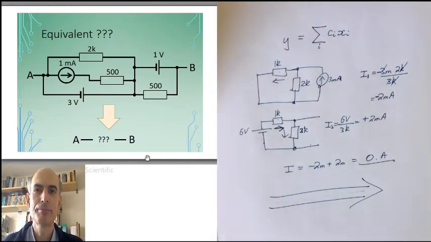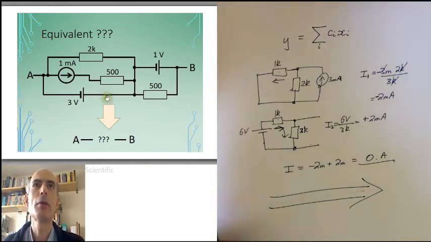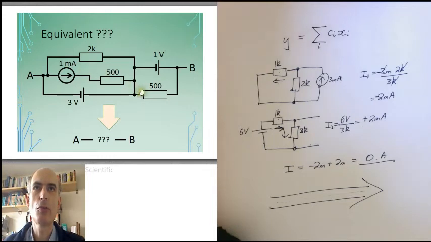what about this? Supposing that between A and B we don't just have resistors, but we have resistors, current sources, and voltage sources. Now what? Can we produce an equivalent to this, so that anything connected between A and B couldn't tell the difference between this network and a much simpler equivalent network here?